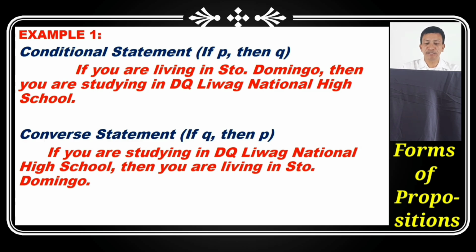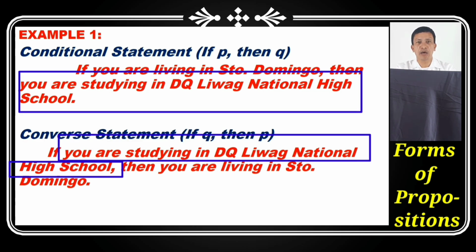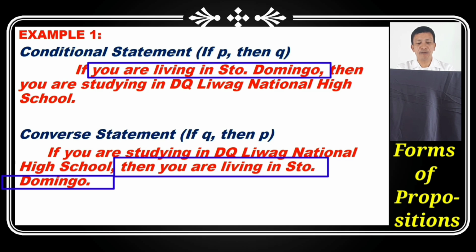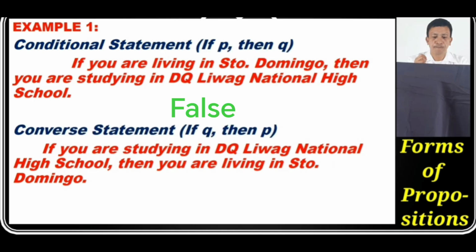Again, as we notice, the conclusion is now the hypothesis, and the hypothesis is now the conclusion. We just interchange. This statement is also false just because it does not mean that if you are studying in Diculiwag National High School, you are living in Santo Domingo. Some are in Kawigan, other municipalities, or other barangays.